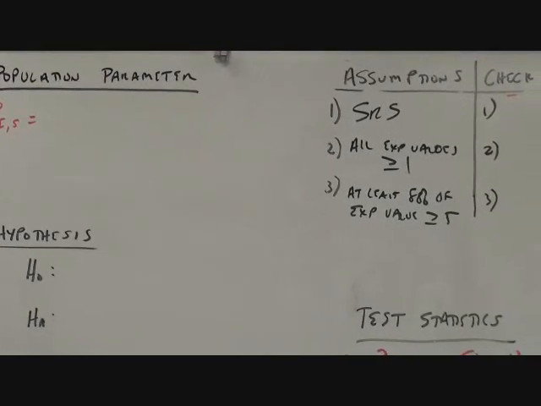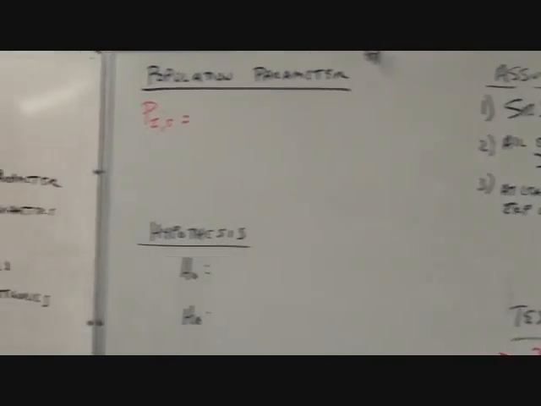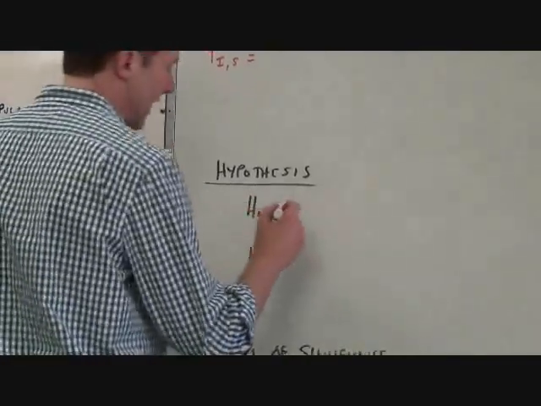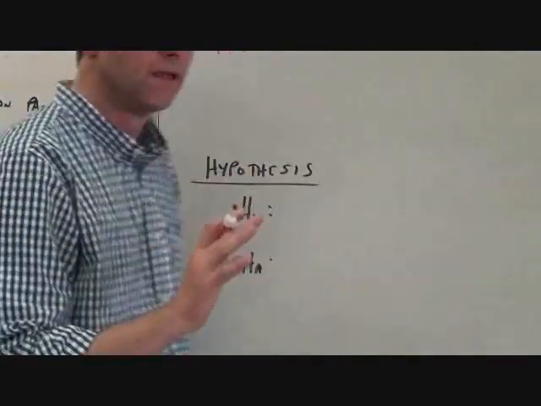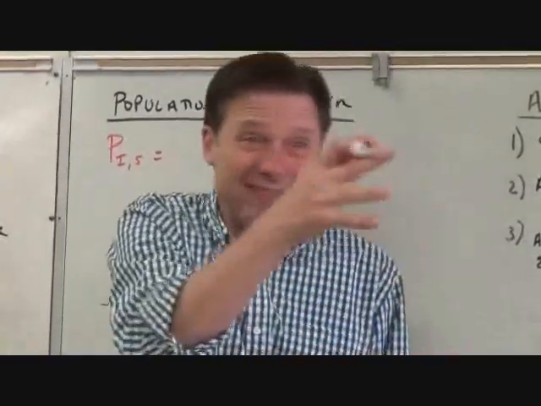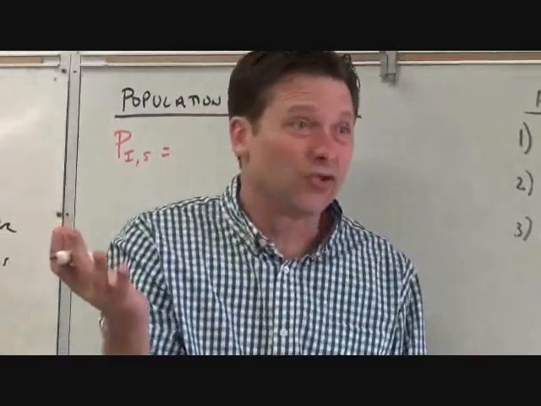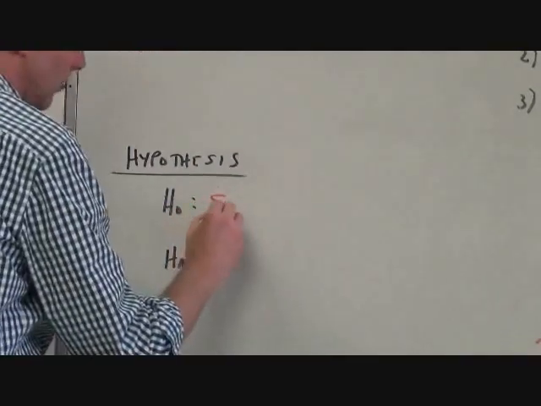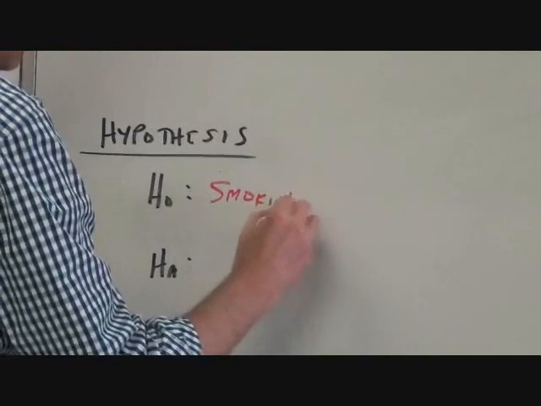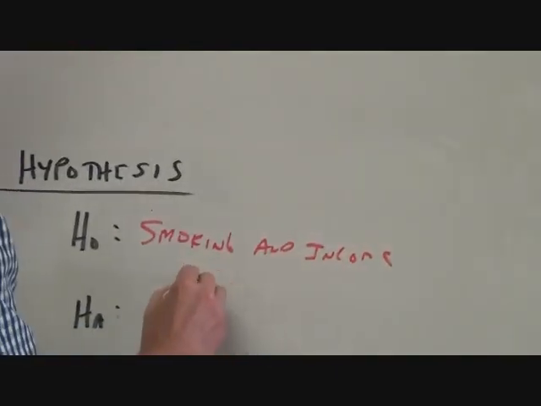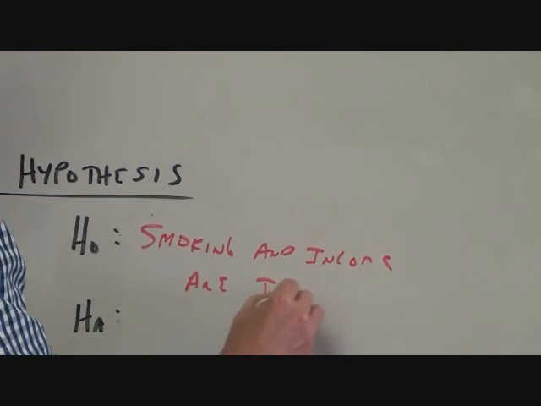Okay, our null and alternate change a little bit here. We're not setting a whole bunch of probabilities equal to each other. What we're just going to say here is that we're going to assume that there is no relationship between them at all. If I know someone's income level, it doesn't affect anything in terms of whether they smoke or not. So one way to say this is smoking and income level, or income, are independent.